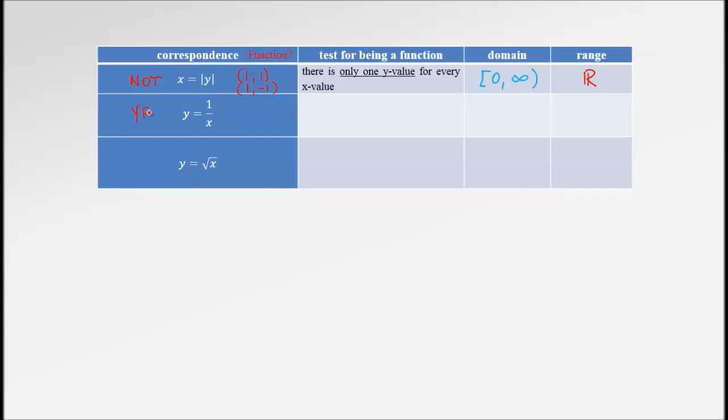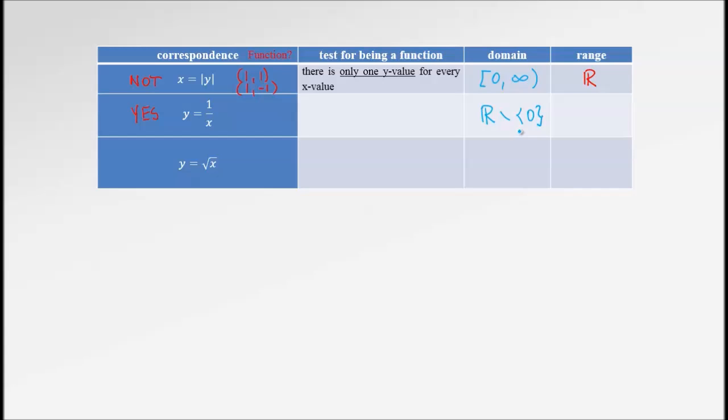Yes, it's a function. However, if we look at the domain of this function, what we can't take is 0 for x. We can't divide by 0. Therefore, the domain will be every single real number except for 0. So we can record this as all real numbers minus, we subtract sets, a set composed of 0.